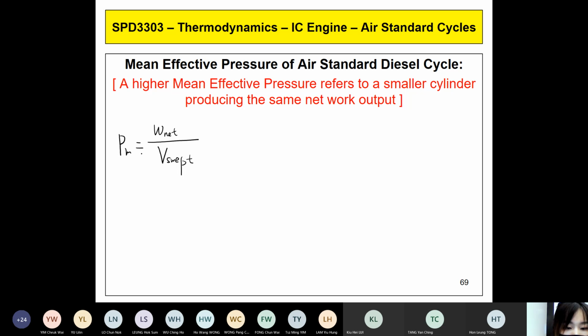Swept volume is the volume swept by the movement of the piston.